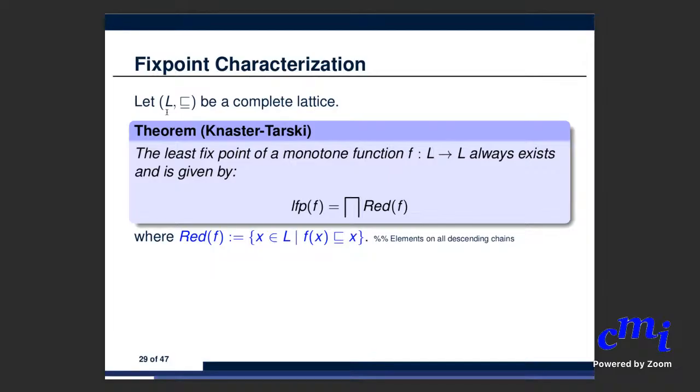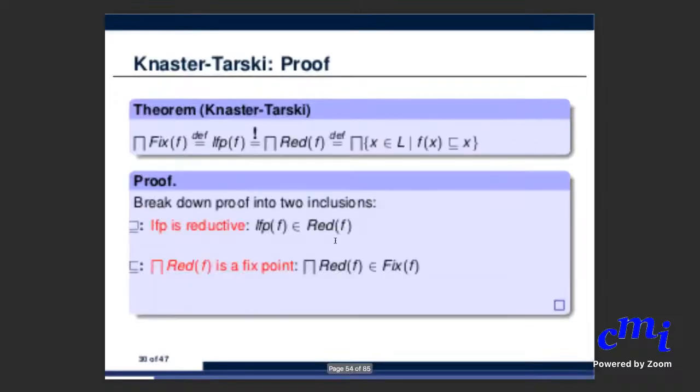So it says, given a lattice and a partial order, the least fixed point of a monotone function always exists and is given by the greatest lower bound of all elements in the reductive set of F. The reductive set of F is the set of all elements in the lattice on descending chains, where, since F is monotonic, it is decreasing.